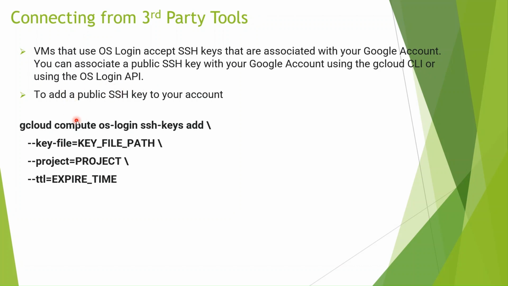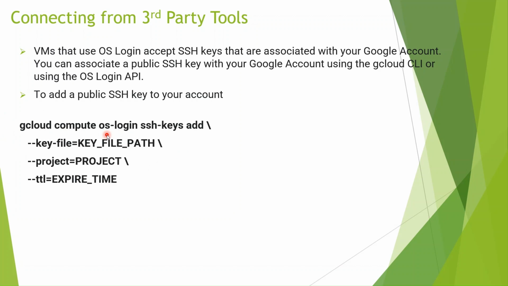So you just have to go to your Cloud Shell or your gcloud CLI, and run this command. The person who wants to connect has to run this command: gcloud compute os-login ssh-keys add. He has to give his public key, the project in which he wants to connect, and the TTL. The TTL is optional, whether you give it or not doesn't create any issue, but these three are very important.